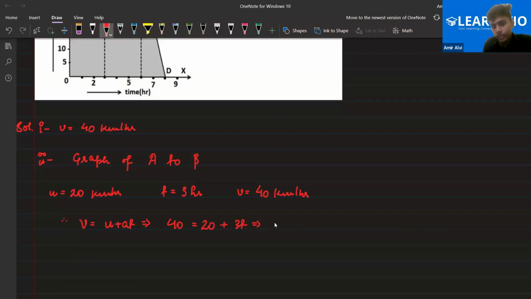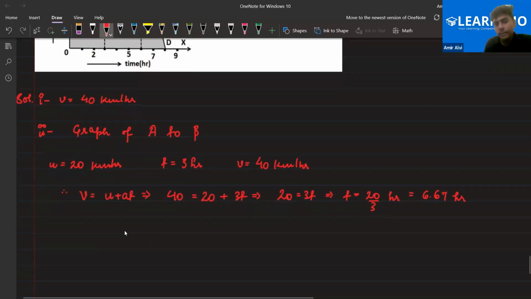So 20 equals 3t, so t would be 20 by 3 hour, or 6.67 hour, right, everyone?